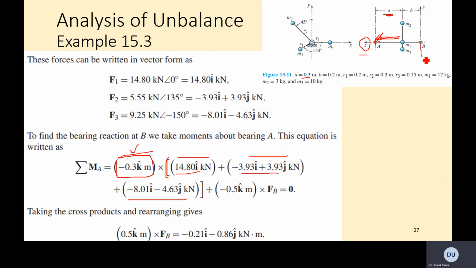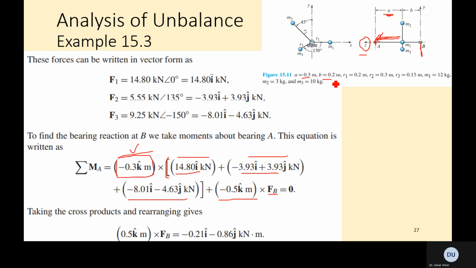And then the moment of FB, which is unknown, we want to work this one out, and it has a distance of a plus b in total, so a is 0.3, b is 0.2, right? So you can work out the force. Again, don't confuse this one. In vectors, you are not allowed to divide vectors.